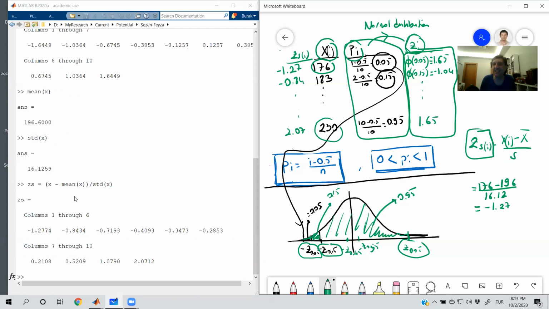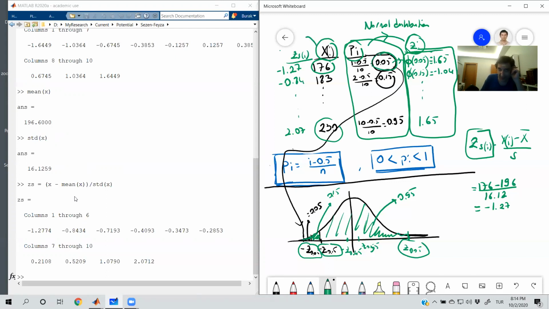So the exact Xi value information is not used here. So these are the corresponding probabilities or estimated probabilities, and these are the normalized standard random variable values, which correspond to these cumulative distribution function values.